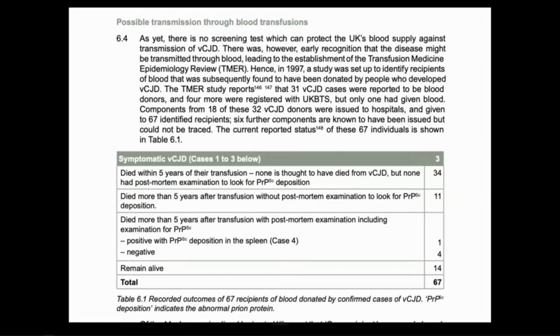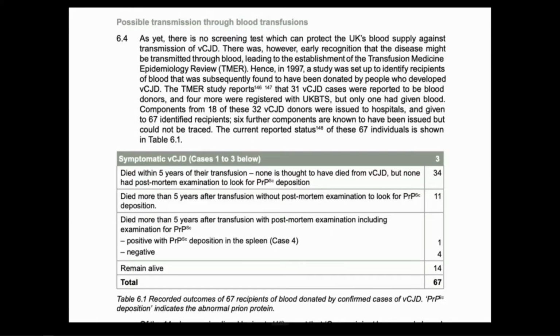So some remain alive, some have died, and there's been a post-mortem examination. Some have had no post-mortem examination, so it's not possible to know for certain one way or another if VCJD was transmitted. Is that correct?